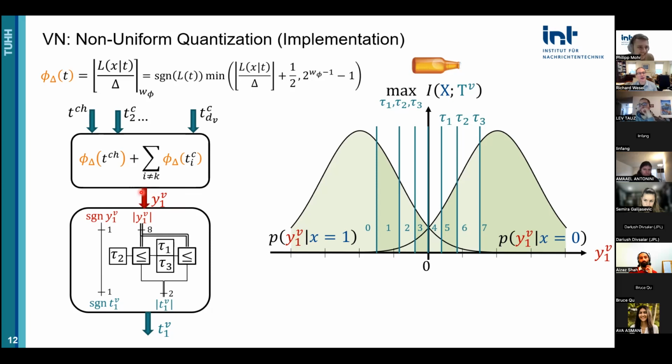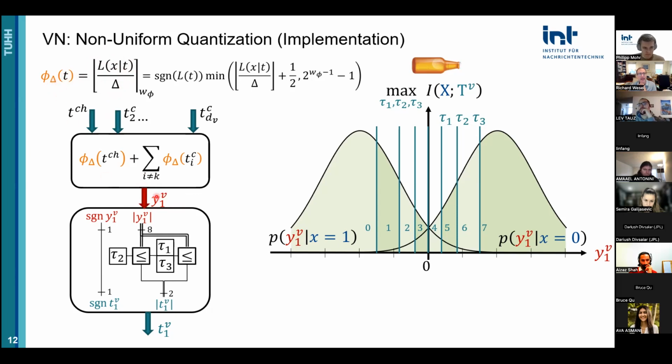I think I'm calling phi sub delta a uniform quantization of the non-uniform. So you take the t value, which is a non-uniform quantization, and convert it to the best reproduction vector likelihood, which you then uniformly quantize to get the phi.